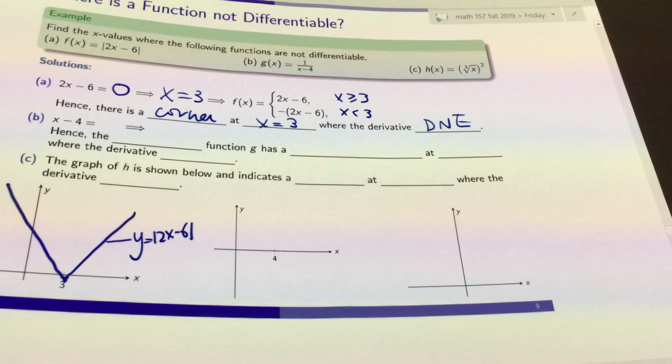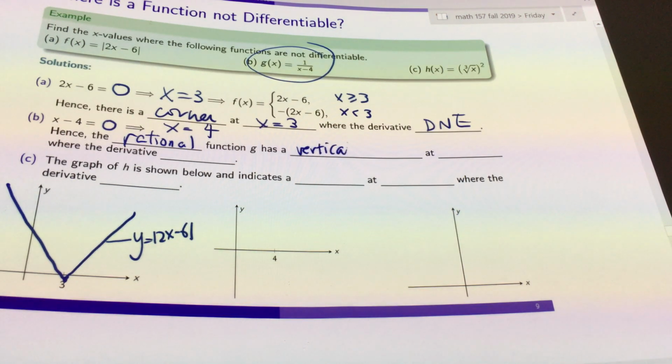There's a corner at x equal to 3, and the derivative does not exist. In another case, I have a problem dividing by 0. When x minus 4 equals 0, I get x equal to 4. This is a rational function. A rational function can have a vertical asymptote. When you make the denominator equal to 0, the derivative also does not exist. This is because the vertical asymptote is like this.